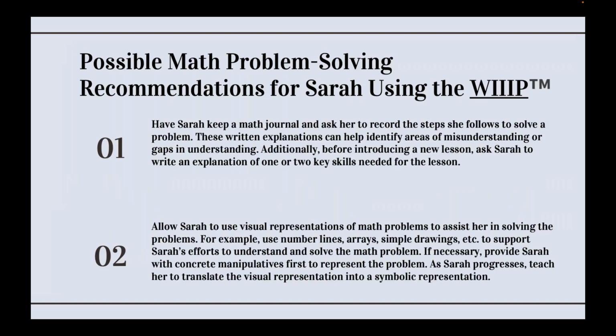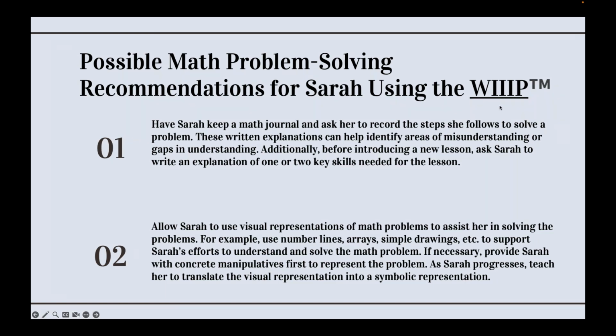We can start to think about recommendations for Sarah. And with all the data that we have, that psychologist is now ready to consider the ways that Sarah's educators might be able to help her. And one really great tool that can be utilized in practice is this underlined point that I have here called the WIP.